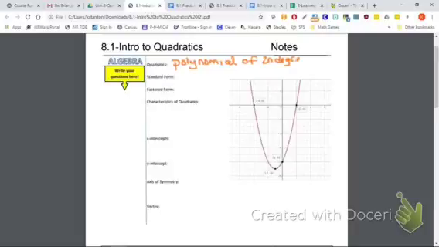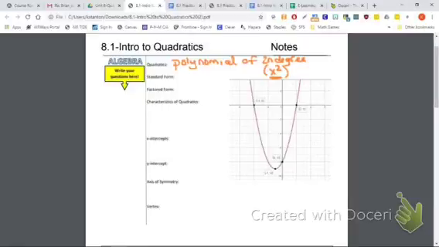And really, guys, what that means is that it has an x squared term. It may still have a single variable term. It may still have a constant term. But the important thing to note here is that its greatest value is the x squared. It cannot have an x to the third.